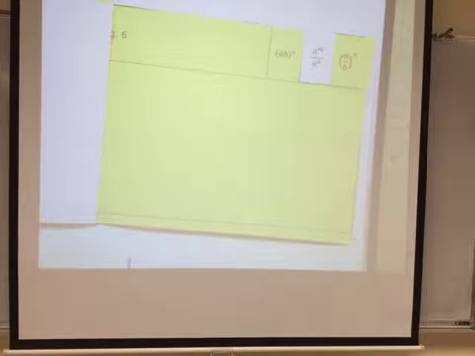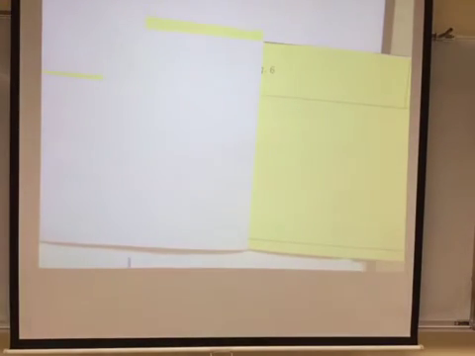So last week we were doing some pre-examples to see if we could figure the rule out first. And so that's what I'm going to do. So on the left side, on that gray side, let's do an example.